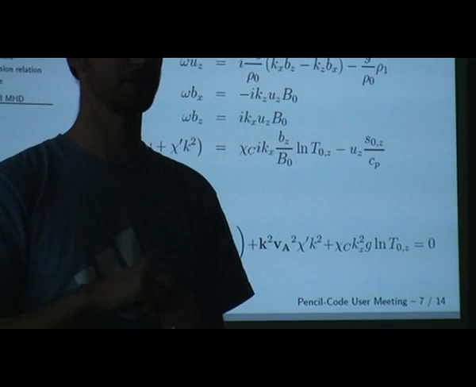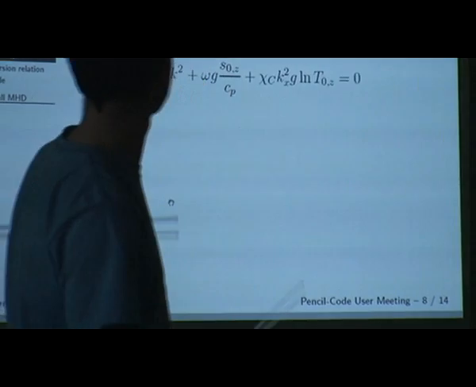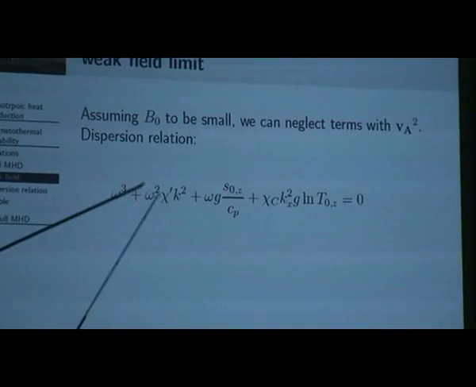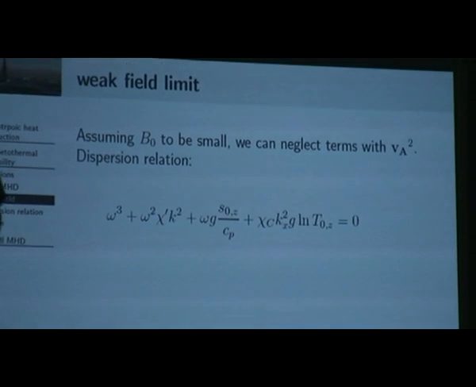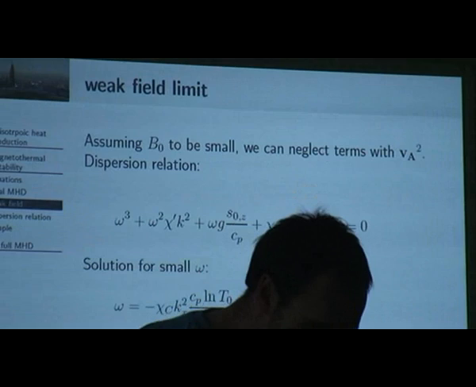Just the direction of the magnetic field is important. So I can neglect the values of the Alfvén speed, which I did here. So the dispersion relation looks much shorter and easier to understand.